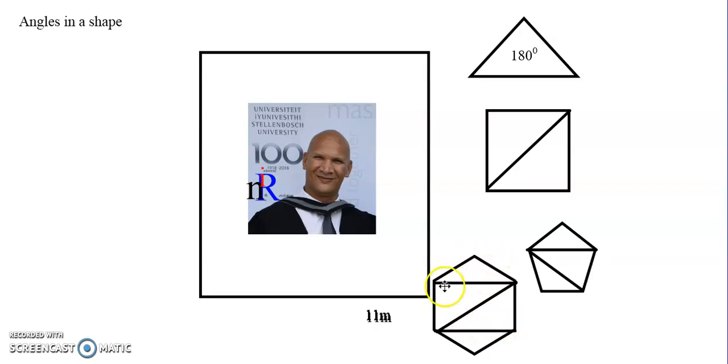So that gives me a total of 720 degrees. If I want to know the size of one of those angles, I divide it by 6. 720 divided by 6 gives me 120 degrees for each of these angles.